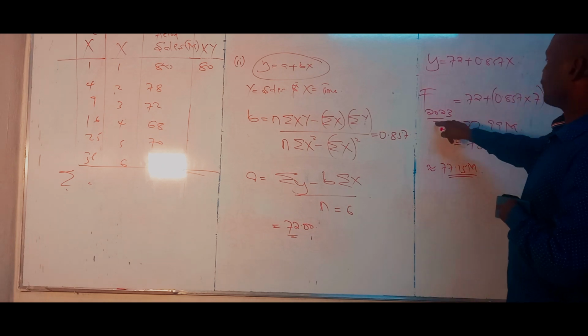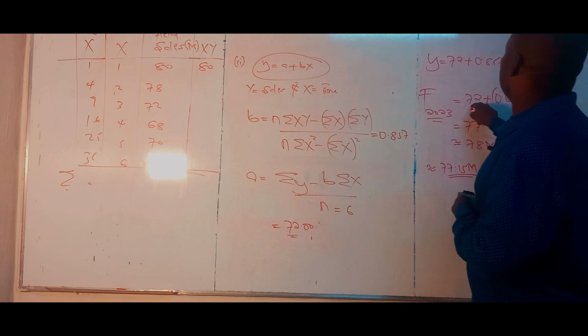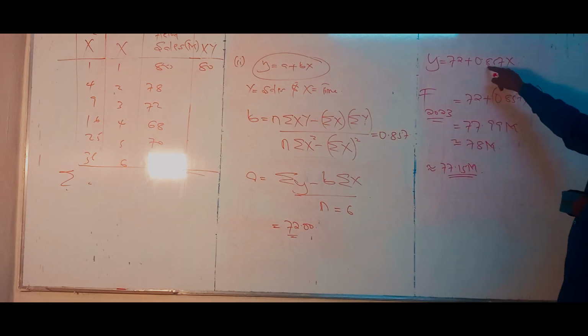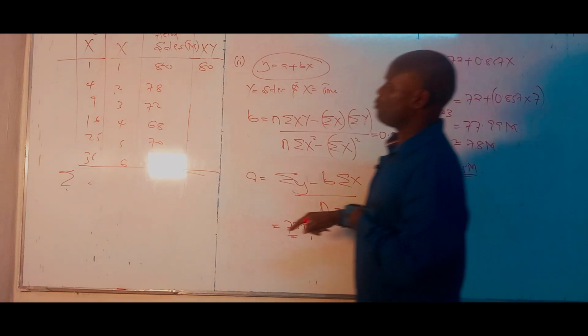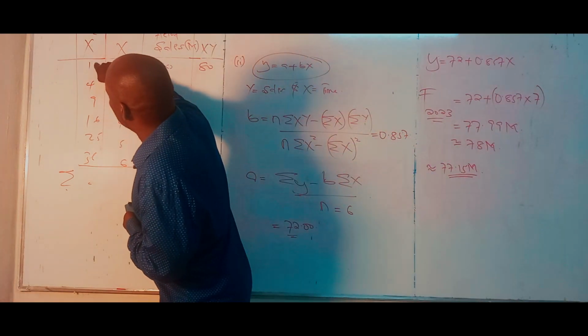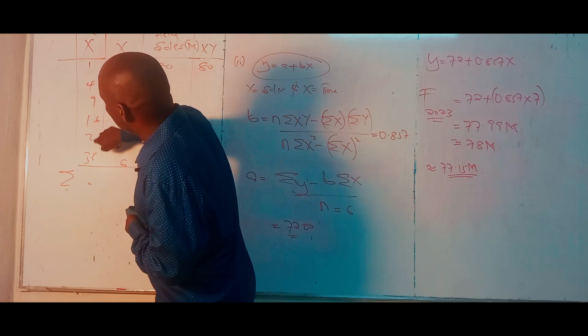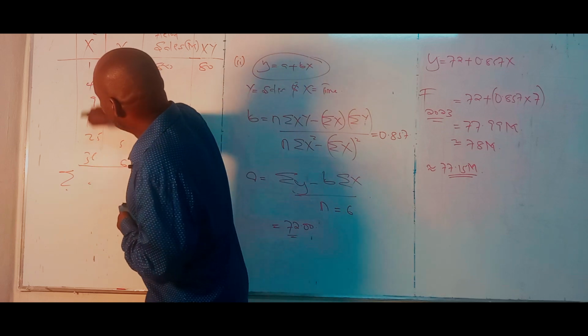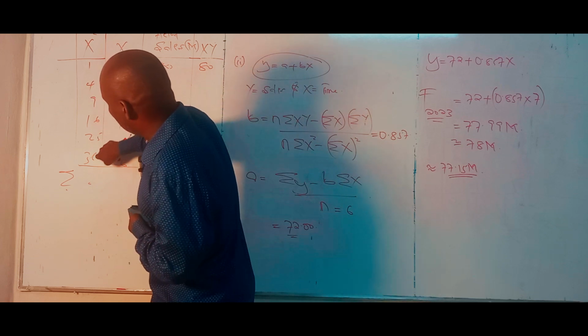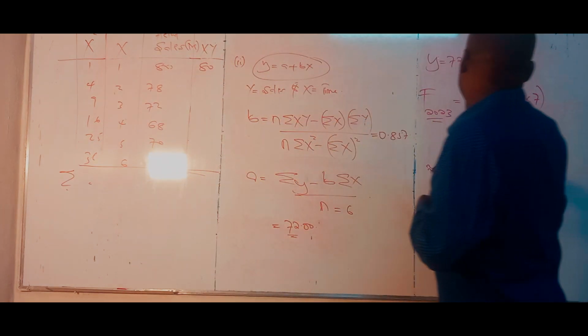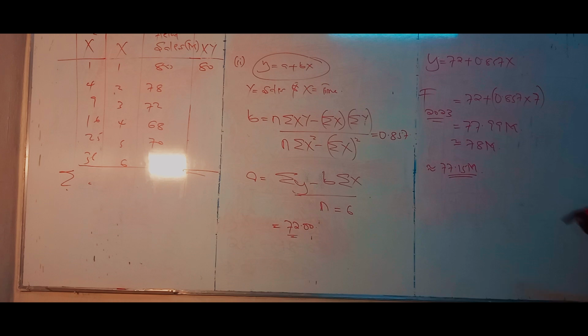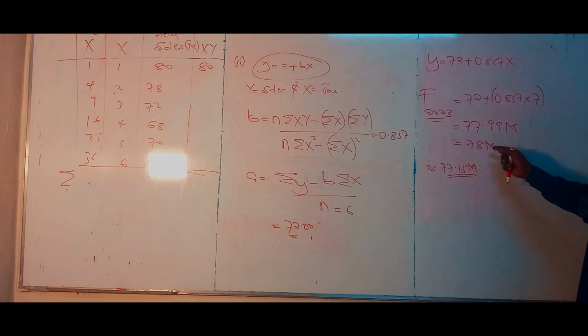And so the forecast for 2023 will be 72 plus 0.857 times X. Our X for 2023: counting 2017, 2018, 2019, 2020, 2021, 2022, 2023, so 1, 2, 3, 4, 5, 6, 7. It's the 7th item, so that's why we put 7 here. Substitute, you get 77.99 million, which is approximately 78 million.